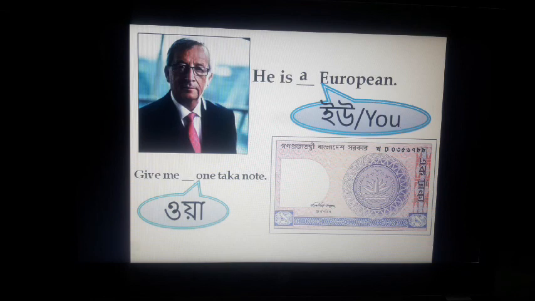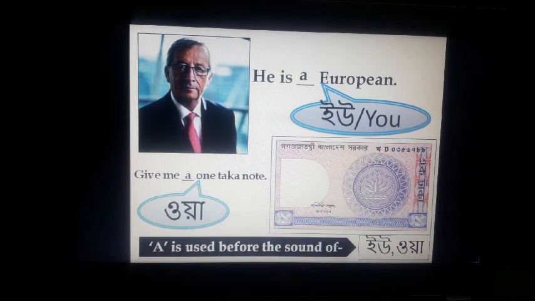And let's see the next sentence. Give me a 1 taka note. If the vowel sound is pronounced like you or wa, then we have to use a.